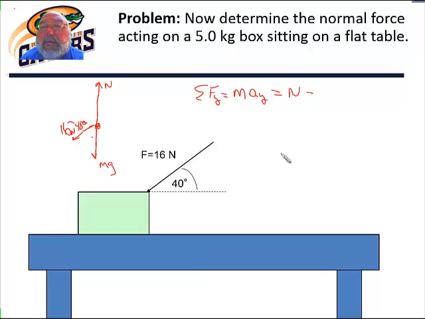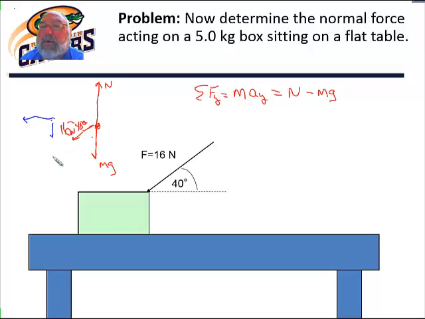Well, next up, we write down the forces that are pointing in the negative y direction, and the first one up is the weight, which is mg, the mass times the acceleration due to gravity. And then the 16 newton force has a component that is in the y direction. It also has a component that's in the x direction.